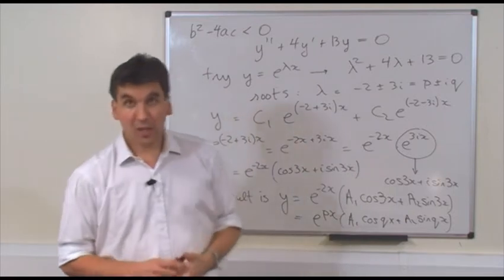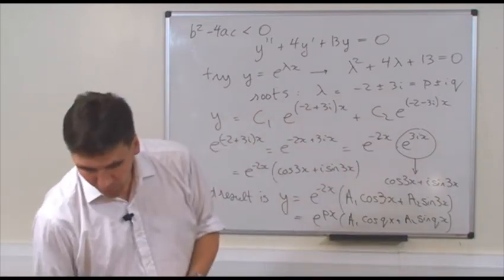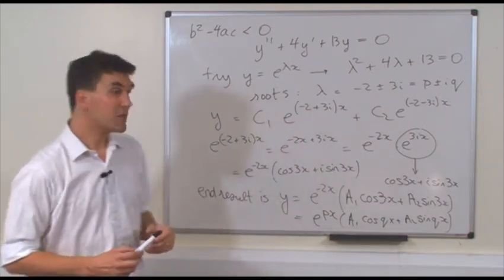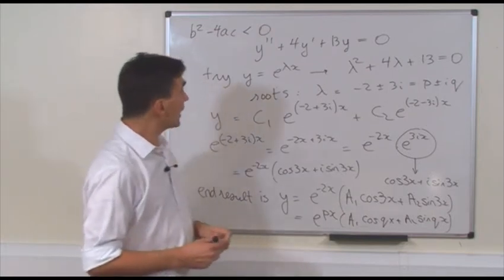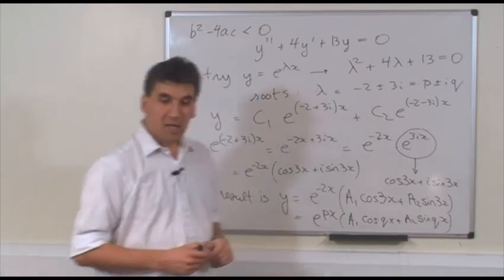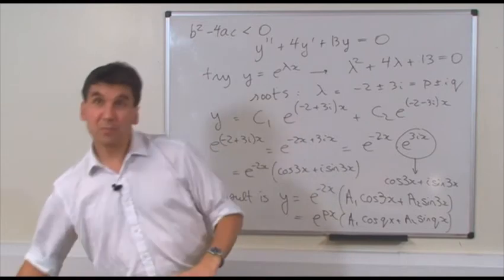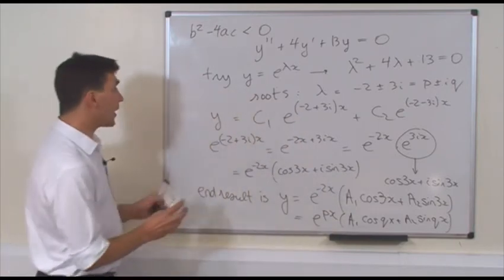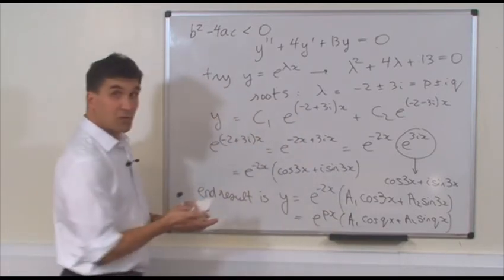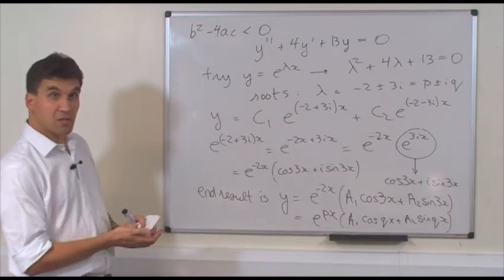I'd like to finish this section with a very brief discussion of what these functions look like as a function of x. They have names that are related to a particular mechanical system where these kinds of equations come up.